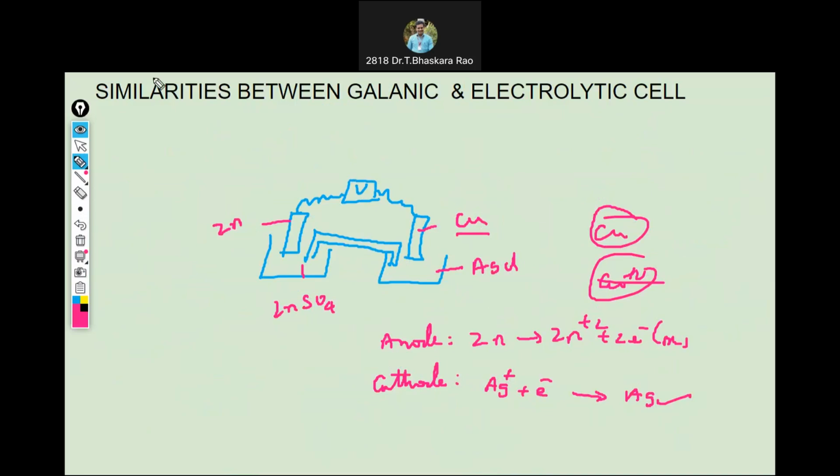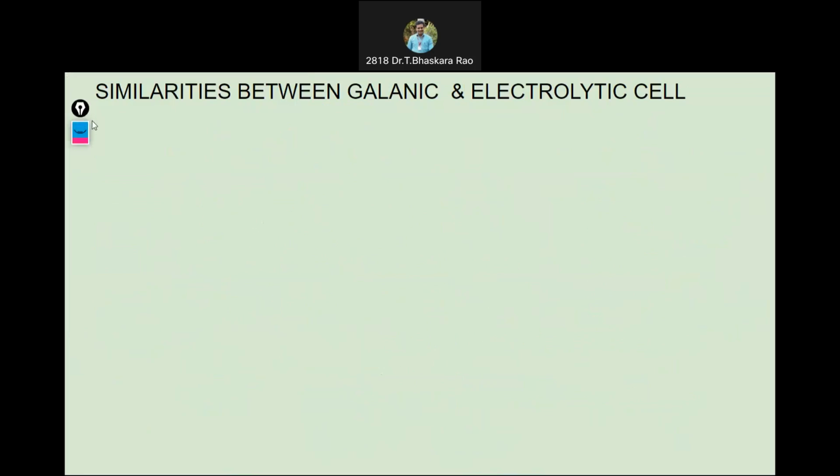For example, if I change the anode and take aluminum, then aluminum will be oxidized and Al plus 3 ions will go into the electrolyte. So the electrode is oxidizing, and the electrolyte is reducing. Understand that point and keep it in your mind. That is a very, very important point.